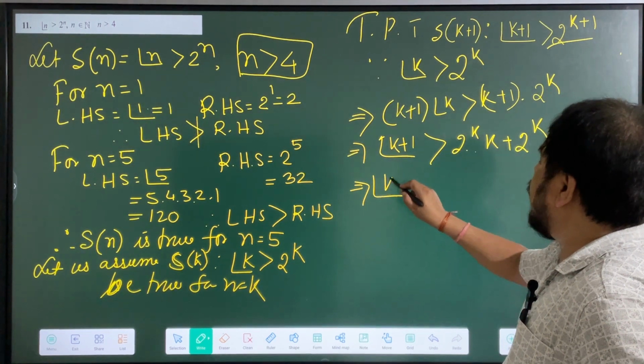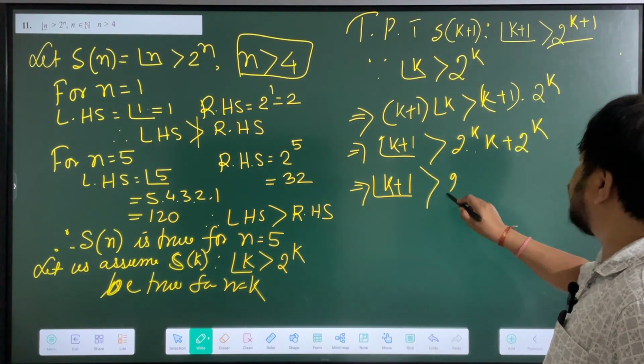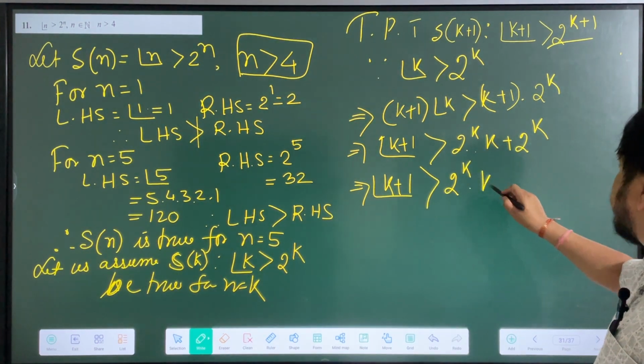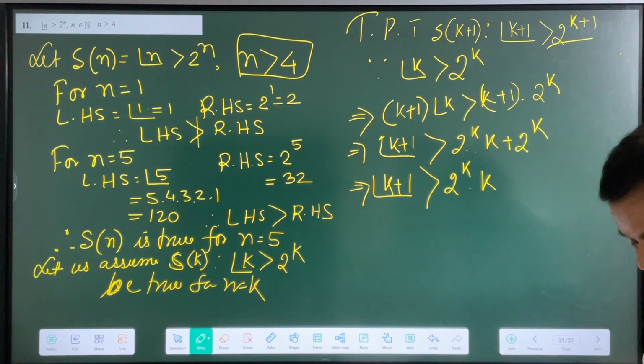Factorial k plus 1, 2 to the power k into k.